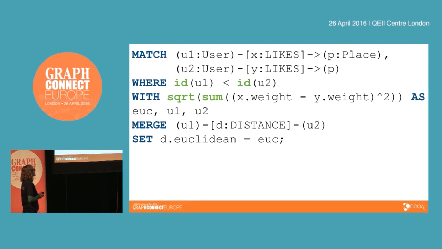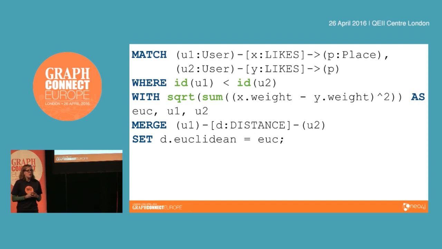And in practice, you probably don't want to store every single relationship that can possibly exist, because you probably only want to return the top few people, the top n nearest neighbors. So you can just store the top n according to some threshold, so you don't have this fully connected graph.